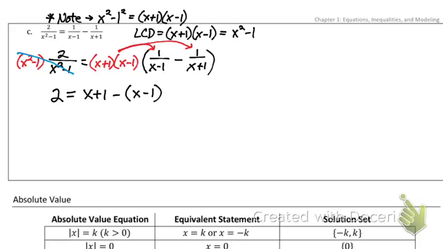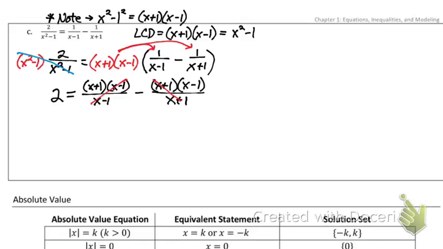Yes? Can you re-explain the right side again? Sure. I guess I can write it out again. I just don't know how much space I left. So my right side is going to be x plus 1 times x minus 1 all over x minus 1 minus x plus 1 times x minus 1 all over x plus 1. My x minus 1s and my x plus 1s will cancel out.